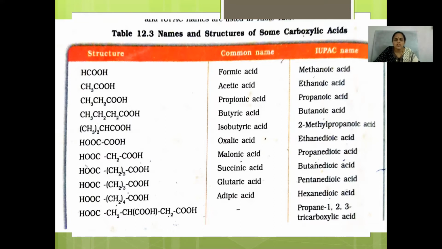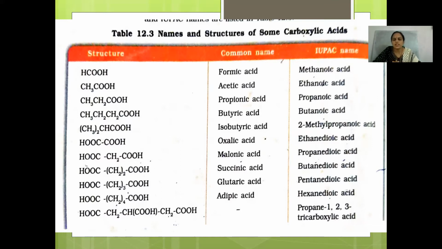Then COOH (CH2)3 COOH is glutaric acid and its IUPAC name is pentane dioic acid. Then COOH (CH2)4 COOH is commonly named adipic acid and its IUPAC name is hexane dioic acid.